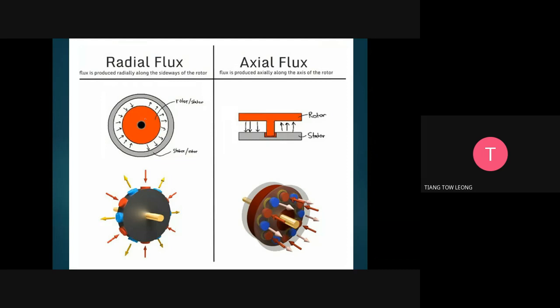So radial flux. Radial flux means the flux flows from the center like this. It goes out from the center or into the center, radially. Axial means along the shaft, right? This black one is the shaft.